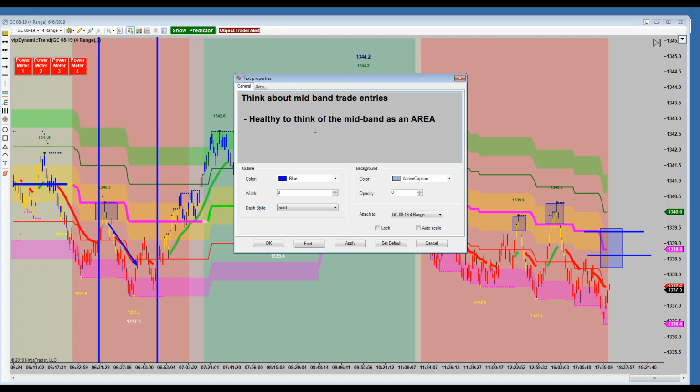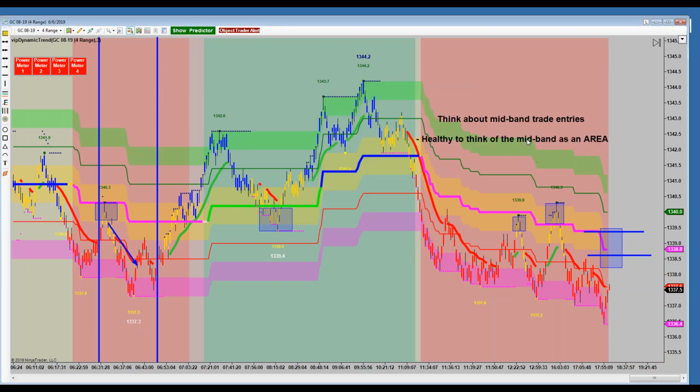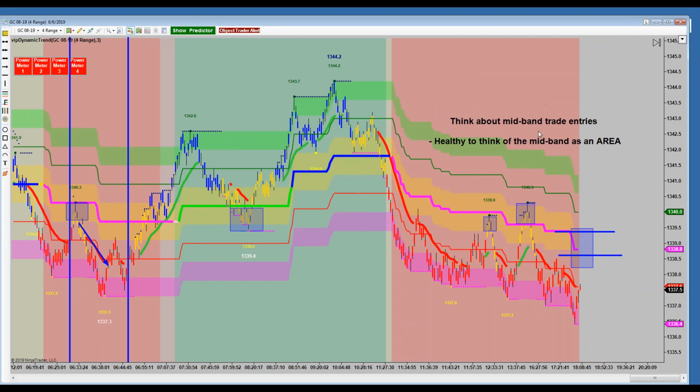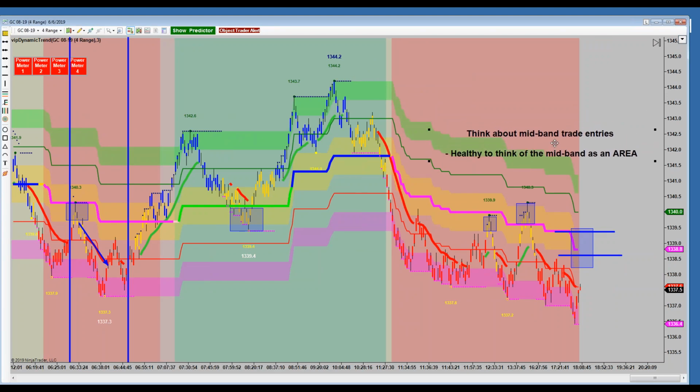We say mid-band in the room for simplicity's sake. It's a lot more complicated in the heat of the battle in real-time trading, when the market's going up and down, shooting all over the place, to say it's an area bounded by resistance at 39.50 and support at 38.50, plus or minus 2 ticks, where it comes in, kisses and rolls, and I get short up in here. It's much easier to just say, if it gets anywhere around the mid-band, I'm going to short that.